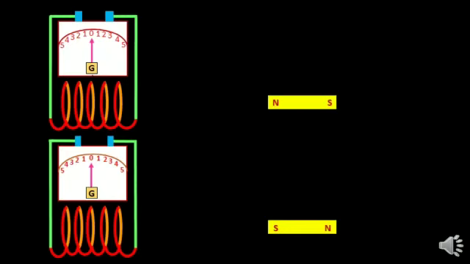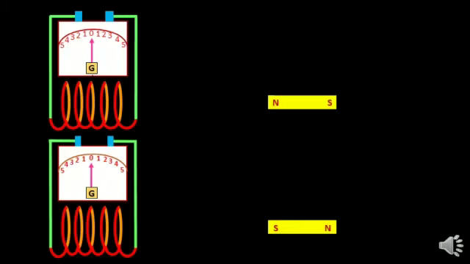Thus, the galvanometer needle deflects only as long as the bar magnet is in motion. Once the bar magnet comes to rest, the galvanometer needle comes to zero, indicating no current in the coil.